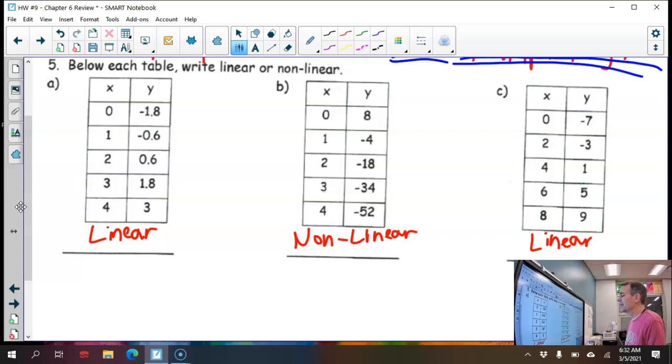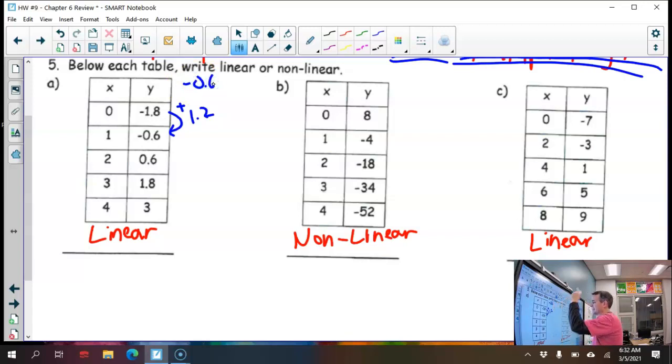Now we're actually going to use the skills from question number 3 that hopefully you know. We're going to see, do these tables go up? Do the y values increase by the same amount? So from here to here, that went up 1.2, right? I could figure that out by subtracting if I had to.